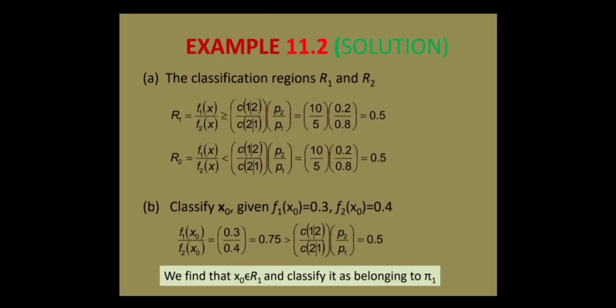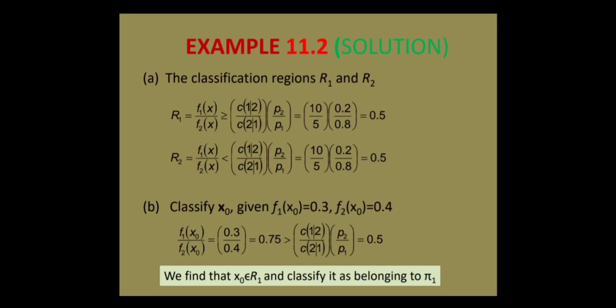So using the formula tadi, kena cari dulu the density ratio. It will be 0.3 divided by 0.4, it is 0.75. So 0.75, the density ratio ni will lie in which region? We can make conclusion because the density ratio is more than 0.5.